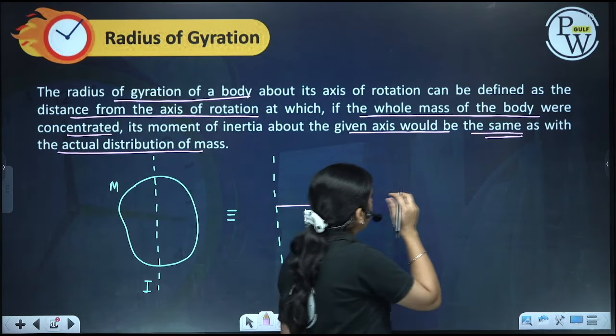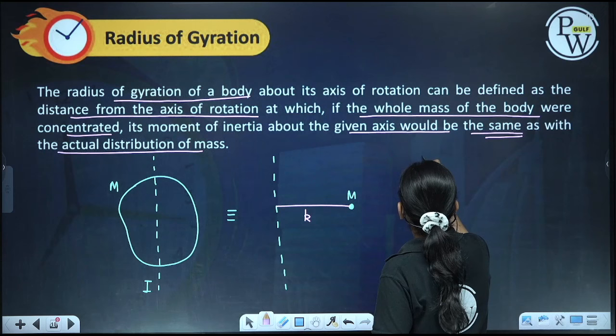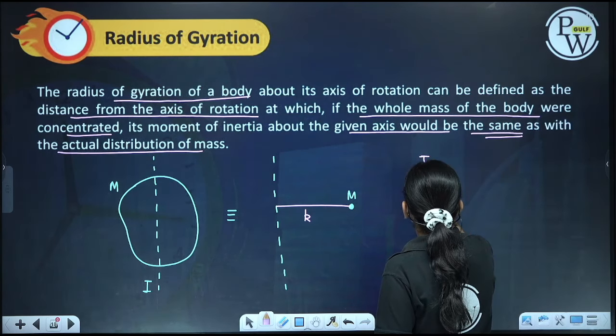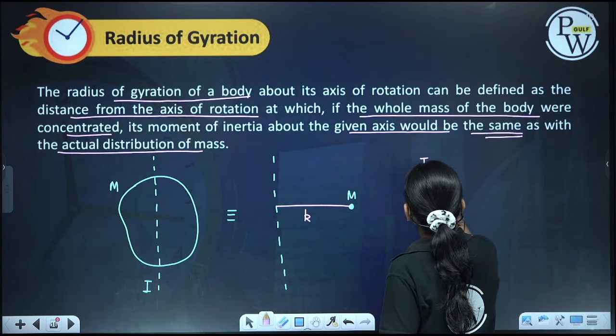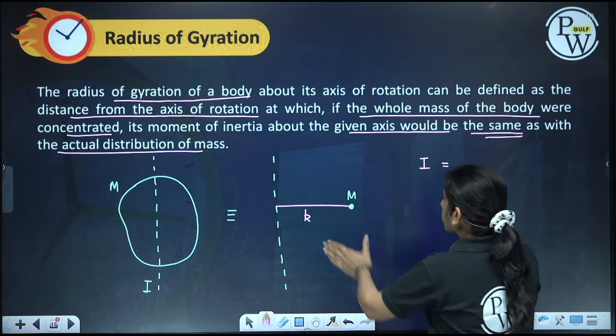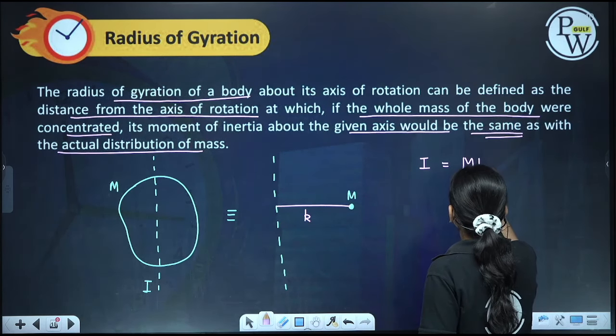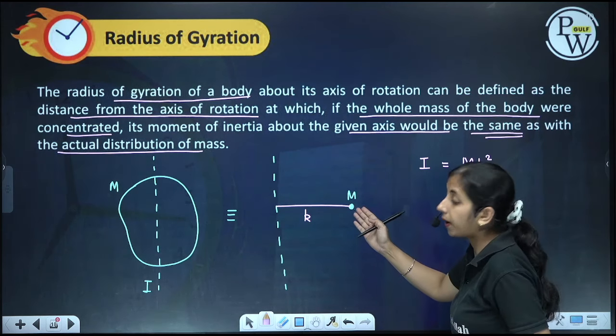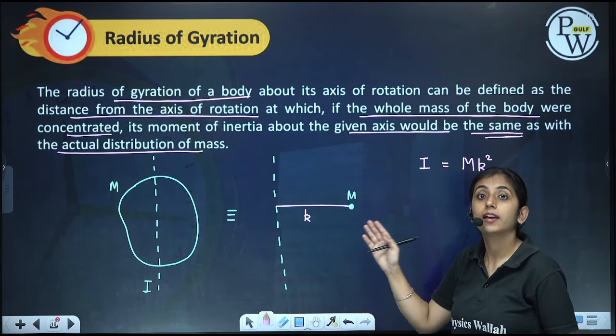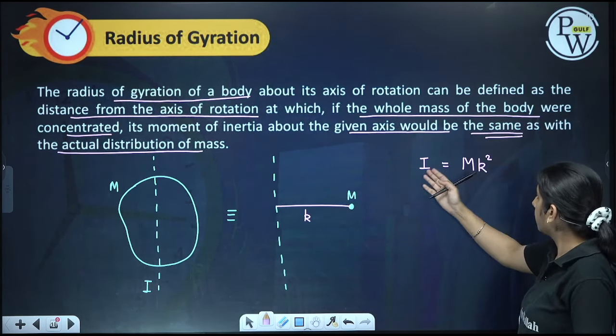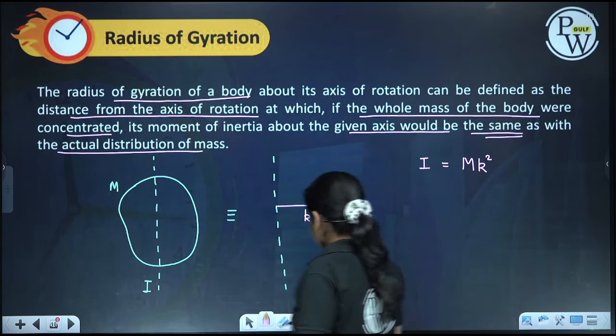Now if you want to find the moment of inertia, in the first case the moment of inertia of this particle will be m at a distance k. Moment of inertia will be m k square. I will be equal to m k square.